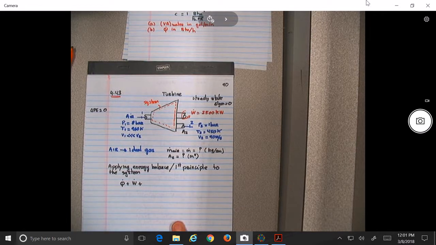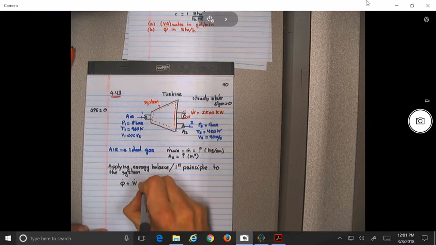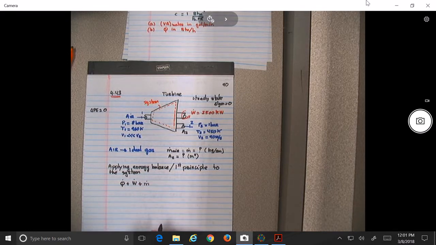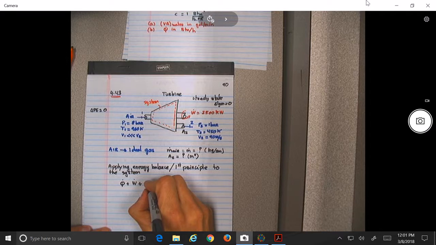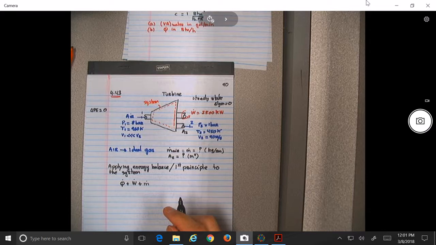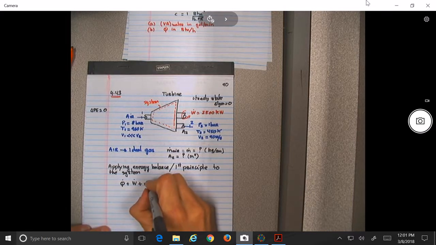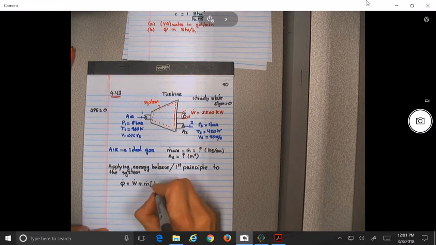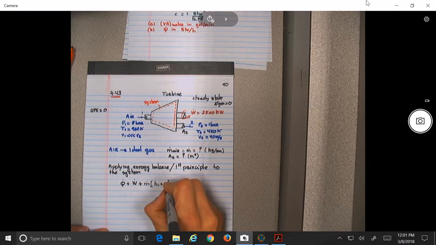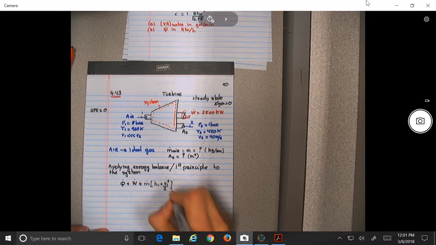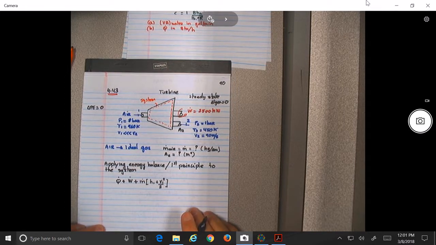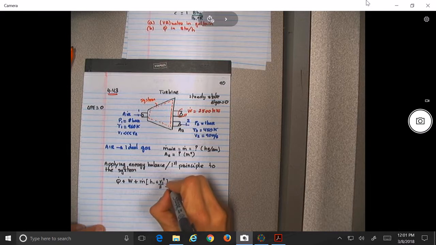So what is coming in? What is coming in? Mass flow of the air. Yeah, okay. But times what? So here I have to be careful. H1, but what else? Plus V1 squared over 2. All right? And now what is coming out?